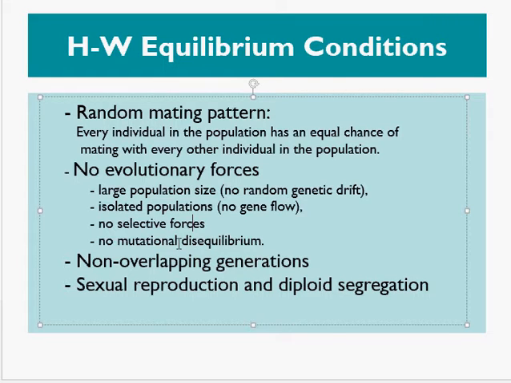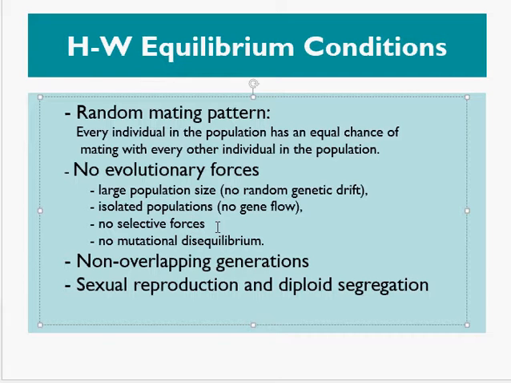Okay, so under Hardy-Weinberg equilibrium, there is a large population size, so there is no random genetic drift, which means a loss in alleles over time. The populations are isolated, so no new alleles are introduced. There are no selective forces acting on the population which favor some alleles over others and therefore change their proportion and even eliminate some alleles from the population. There are none of that.